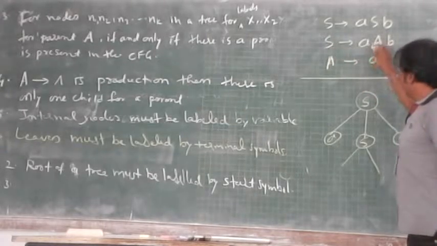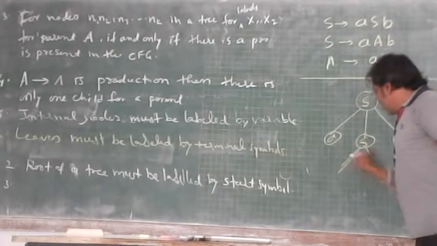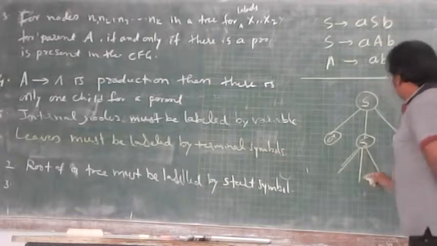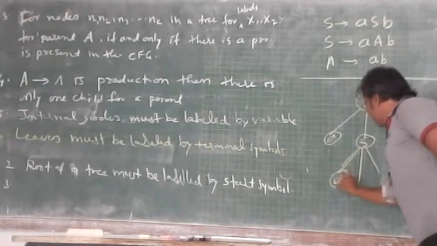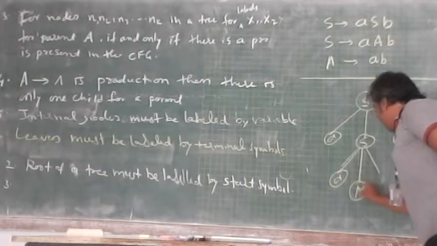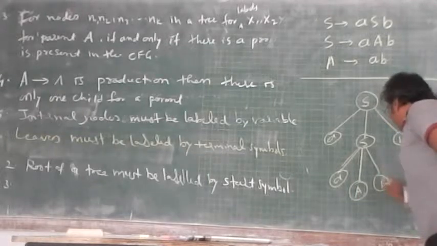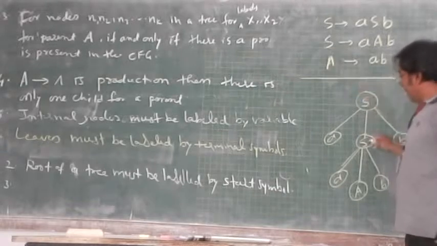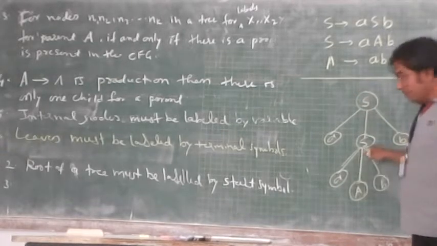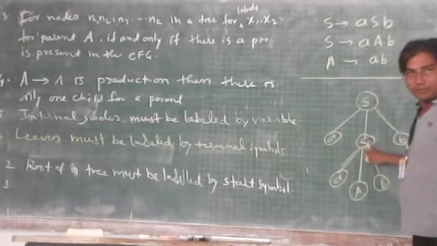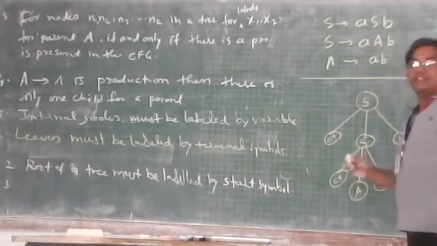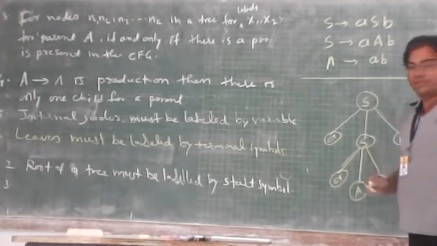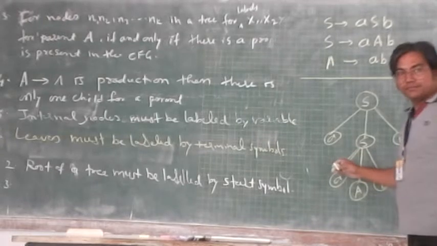In that case, this S will be expanded by the 3 children: A, A, B. So by applying the second production, I expanded this particular node. Because of that, I got 3 children, and S becomes a parent.